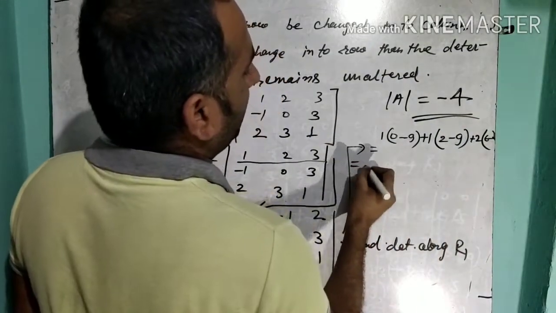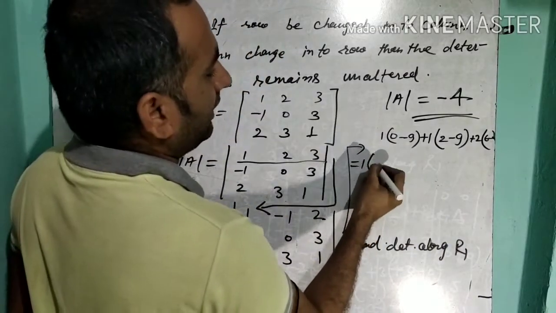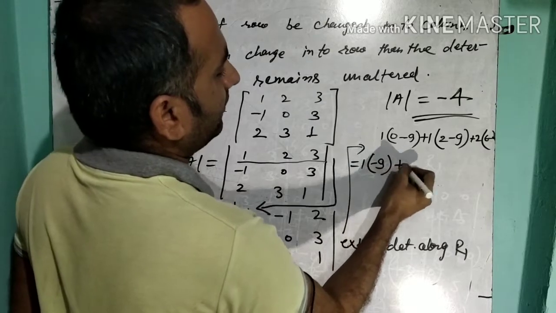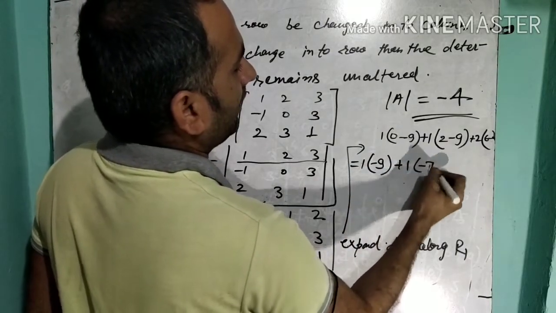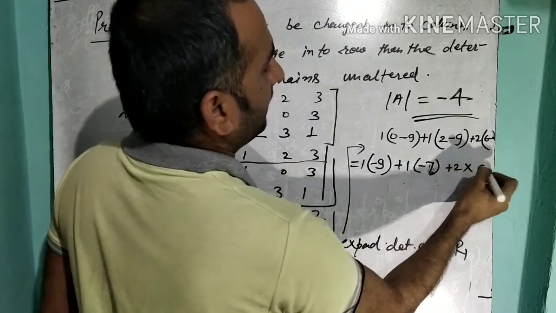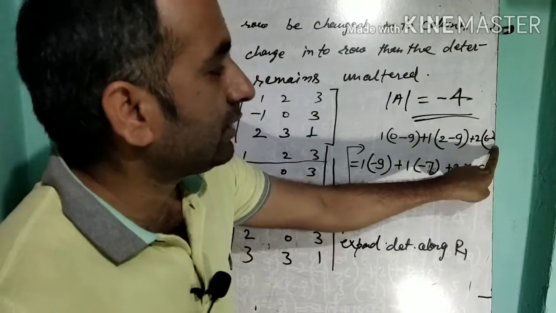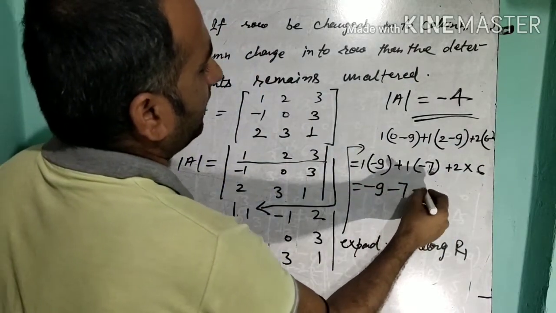So finally what do we have? We have 1 times (0 minus 9), which is -9, plus 1 times (2 minus 9), which is -7, and plus 2 multiplied with the 6, because 6 minus 0 is 6. So it's -9 -7 and plus 12.